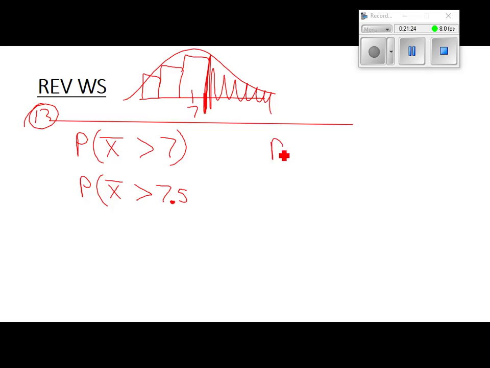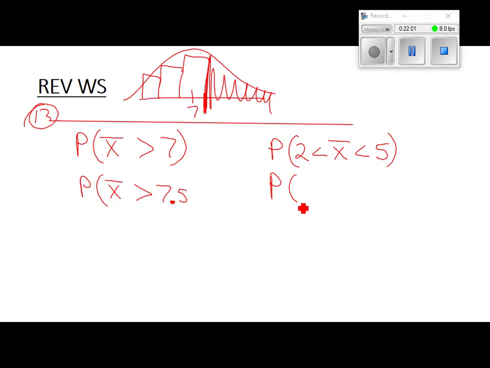So if we had something like this, let's try this one in the calculator. We want our x bar to be between 2 and 5. So do we want it to include 2? Do we want it to include 5? So we've got to correct that so that the calculator knows. We're not going from right here in the middle of this bar, we're actually going from right there on the edge of the bar and over this way.